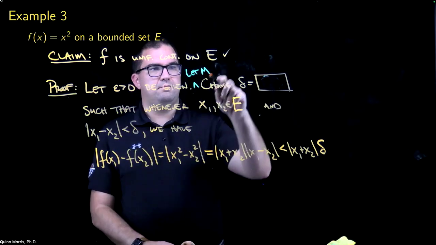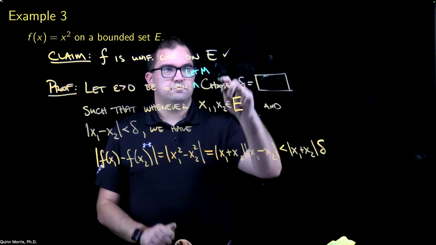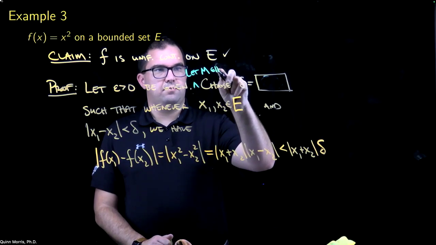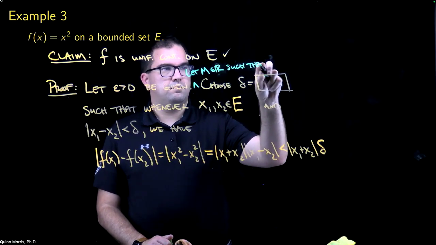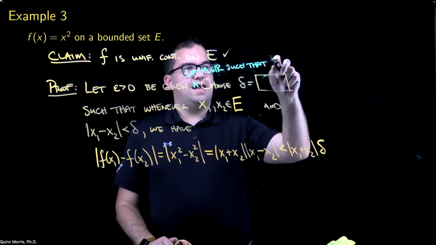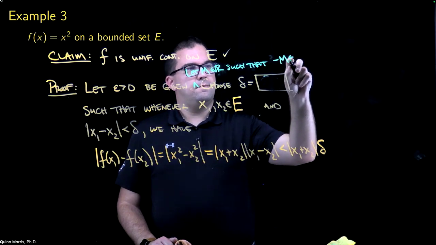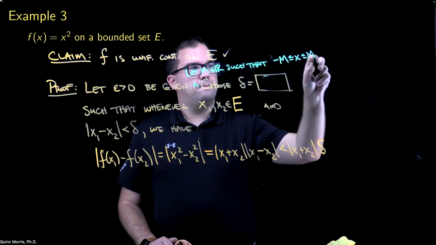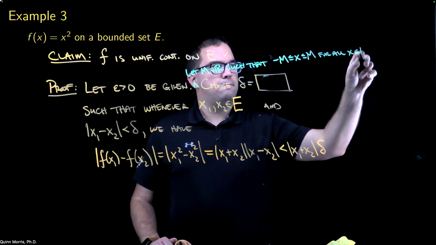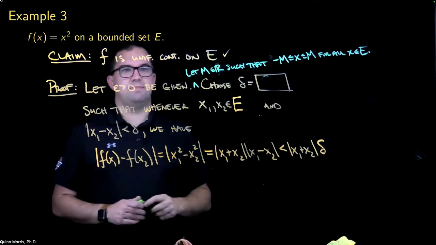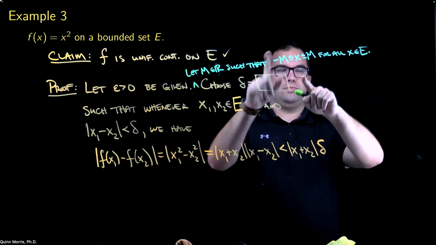I'm going to let M be a real number such that, since my set is bounded, all my x values are between minus M and M.